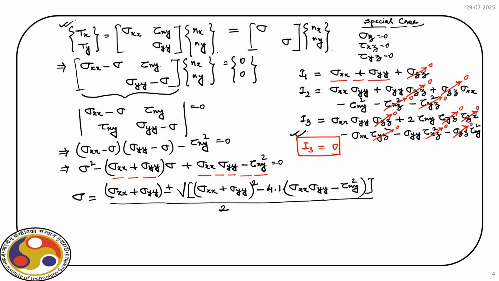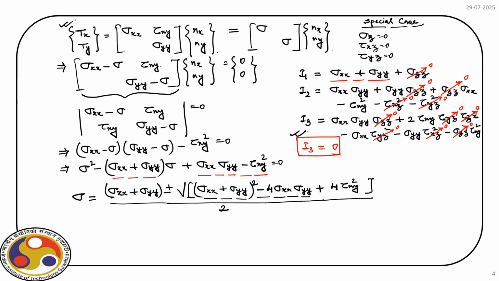Obviously, we can open the bracket here. So, if we do that, what we will have is 4 times sigma xx sigma yy plus 4 times tau xy square. Now, if we consider this term, minus 4 times sigma xx sigma yy.